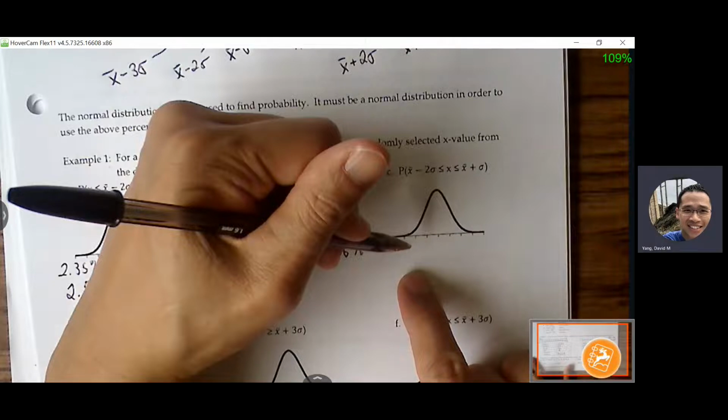So we're going to add up all the percentages between these two dividing lines. So 13.5 plus 34 plus 34 plus 13.5.